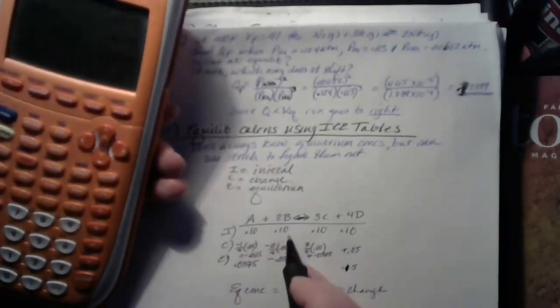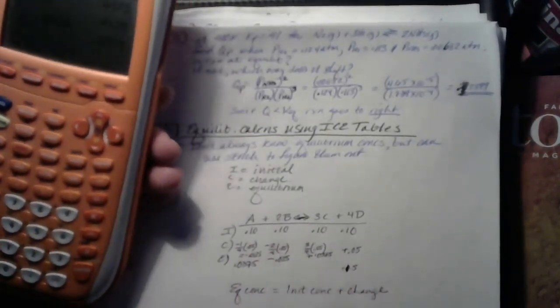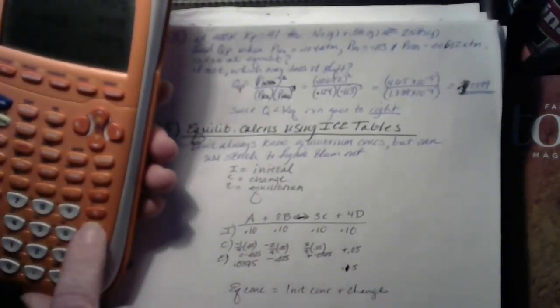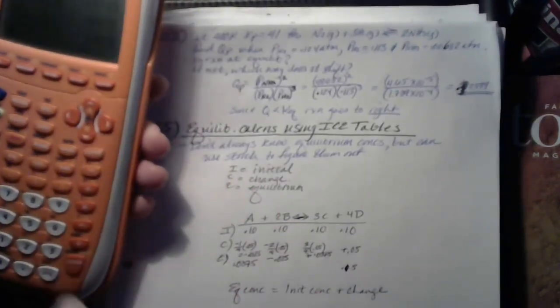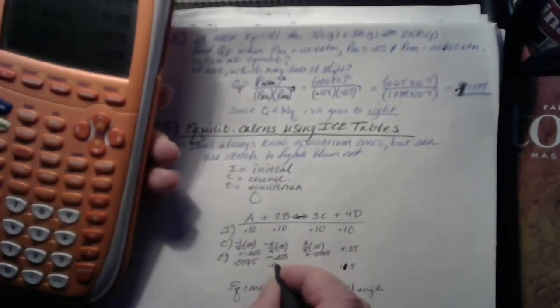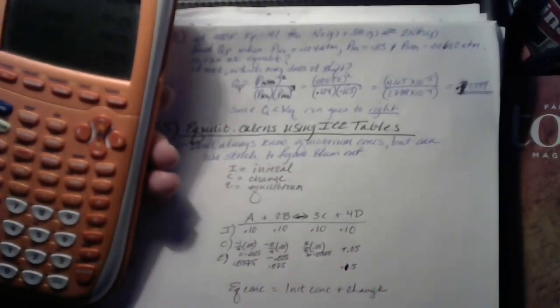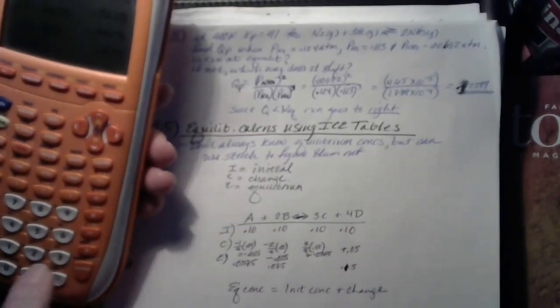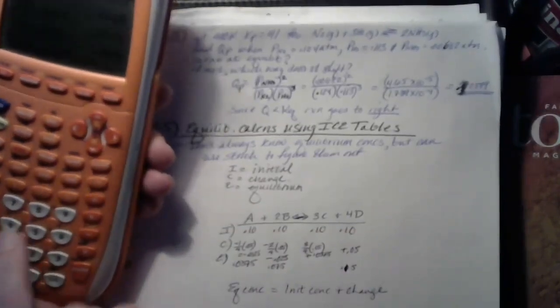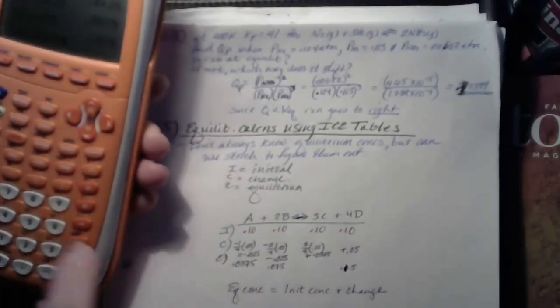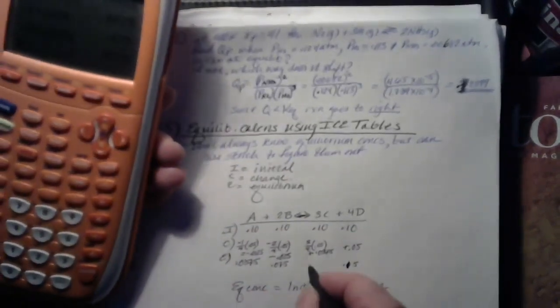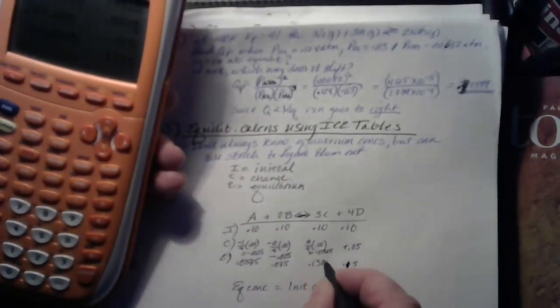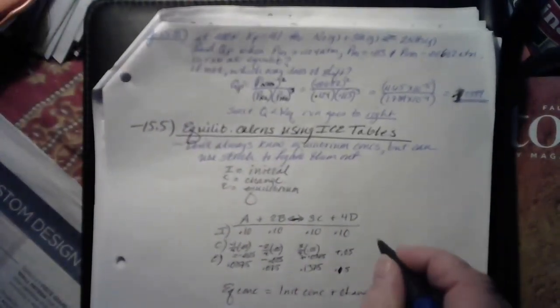For B, we had 0.1 minus 0.025, and so that's 0.075. And for C, we had 0.1 plus 0.0375, and that gives us 0.1375.